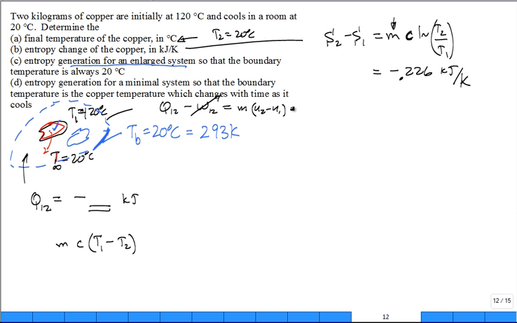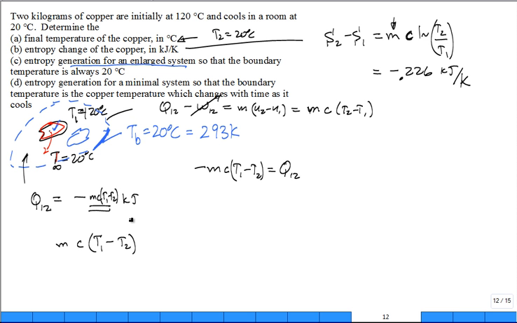And then we have constant specific heat, so that's mass C times T2 minus T1. Well, T2 is lower than T1, so let's switch the order. So we'll put here MC times T1 minus T2 equal to negative Q1 to 2. So Q1 to 2 is going to be negative MC delta T, or T1 minus T2.